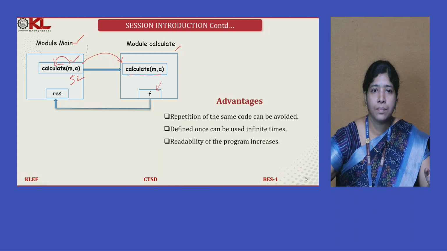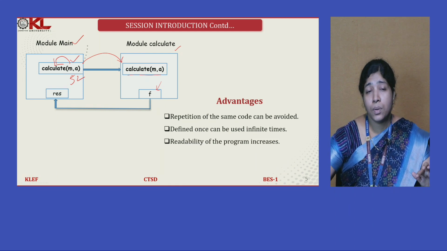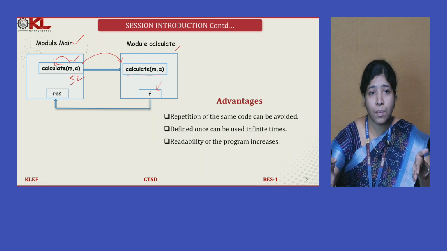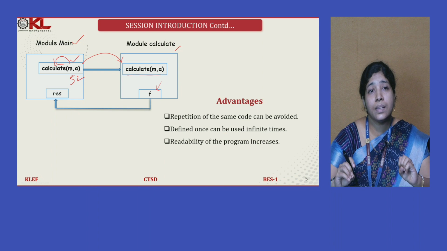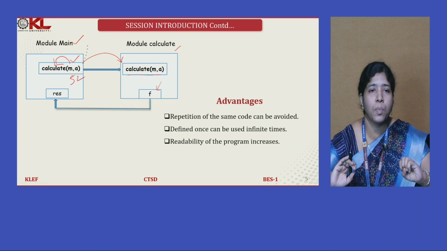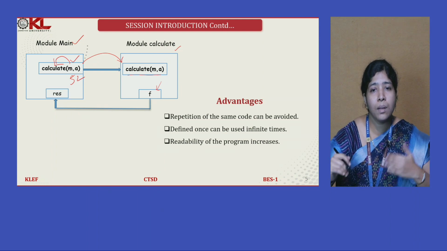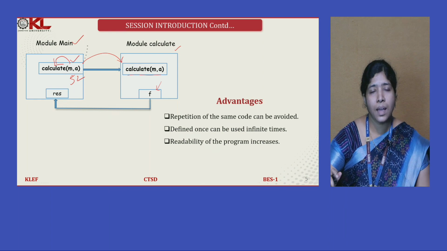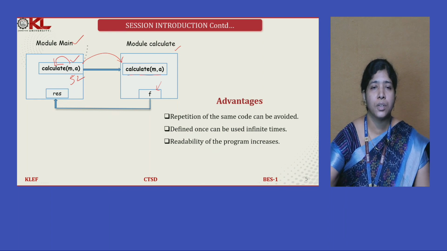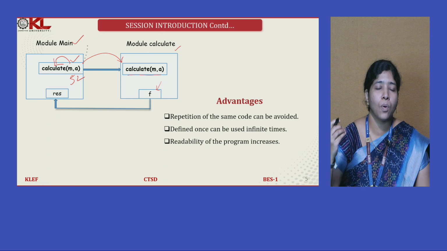Now whenever we are doing such kind of categories like this, sub programs and functional parts, that is your functions, we can easily identify where the problem has arisen. So the readability of the program increases, and it is easy for us to find exactly where we have gone wrong.